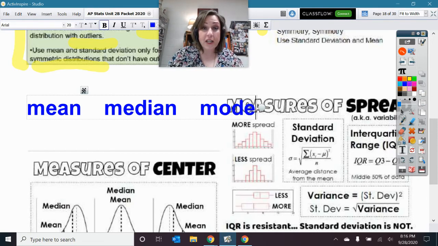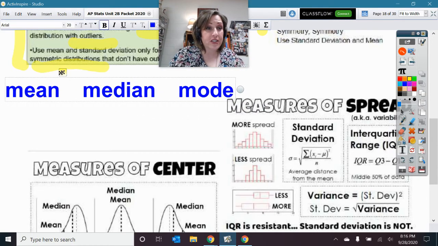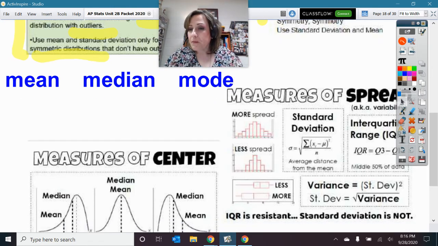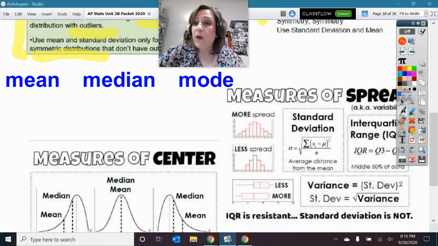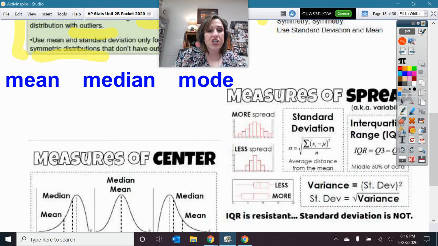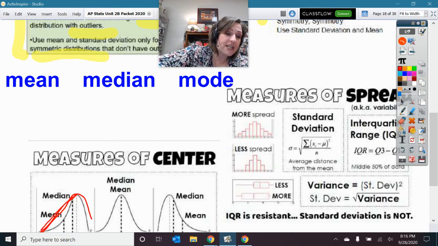Okay, so watch this. This is good stuff. Okay, so here's what we got. If we have a shape that is skewed left, go look down at your left foot, it's going to be like this way, pointing to the left, okay, skewed left.